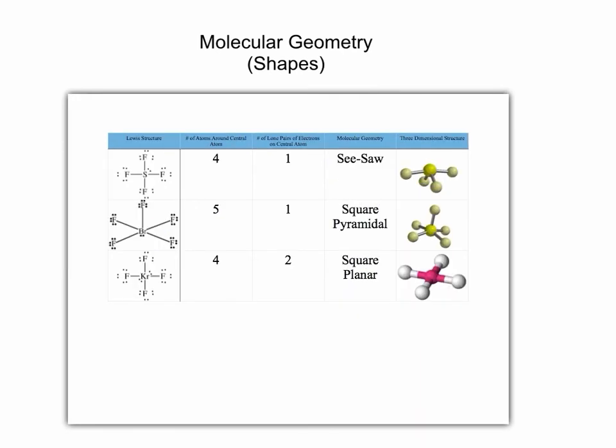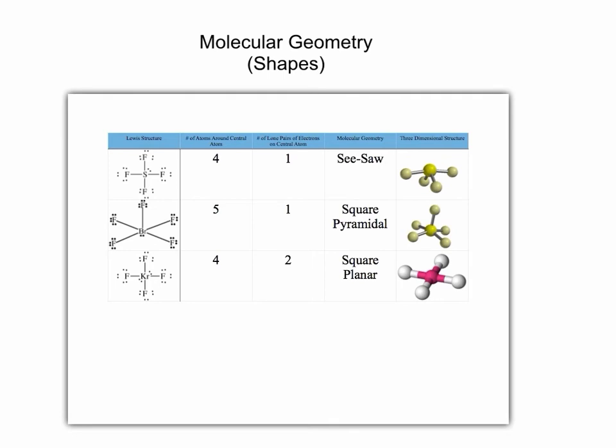The last 3 common geometries that we're going to look at also have lone pairs of electrons. The first shape we're going to look at has a total of 1, 2, 3, 4, 5 things around the center atom, so it's based off of the triangular bipyramidal geometry.